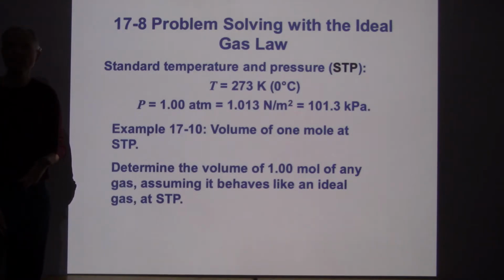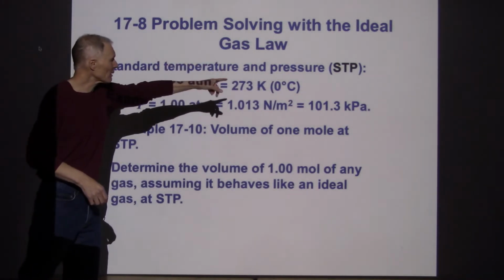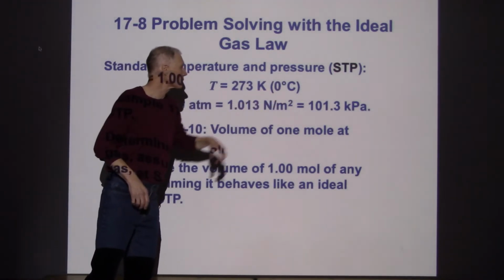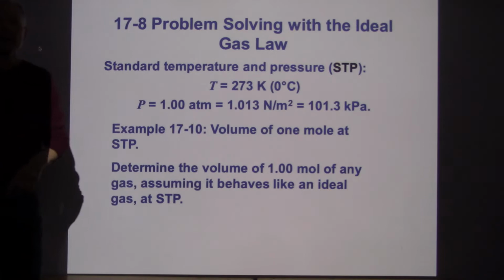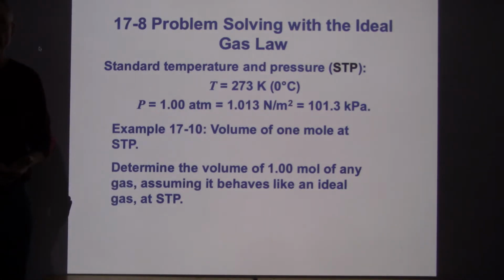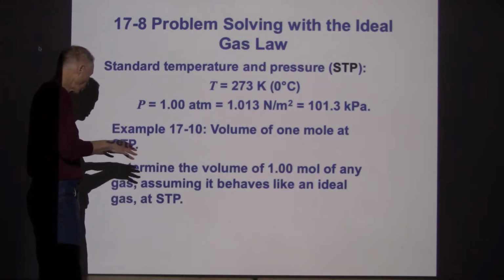Almost always in engineering, tables of material properties are based on 20 Celsius, not 0 Celsius. So you've got to pay attention to homework problems. In the textbook, when they talk about STP, the temperature they're talking about is 0 Celsius. But if we're working at a different temperature, that's going to change the values of what we calculate. So watch for that. Standard temperature is defined to be cold.